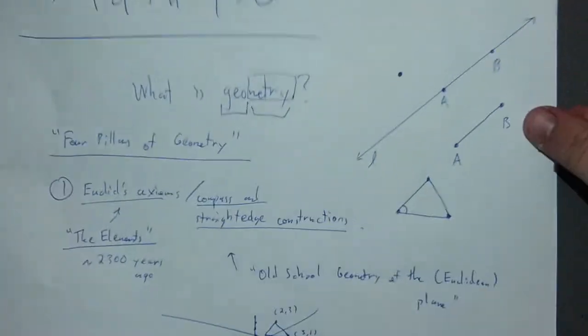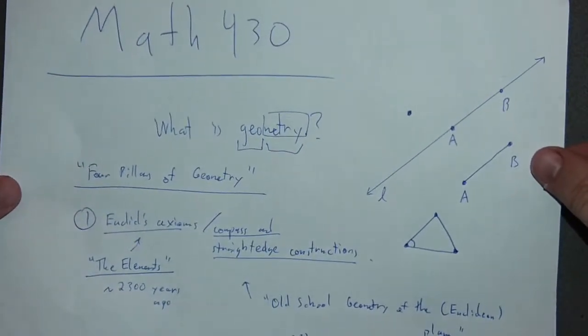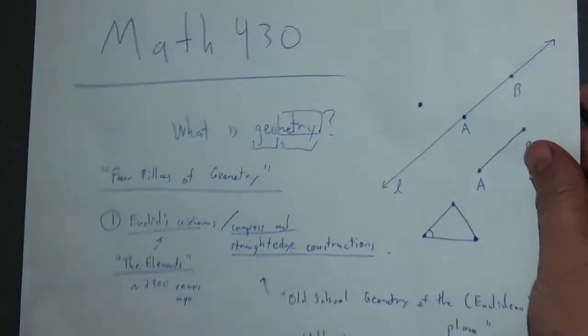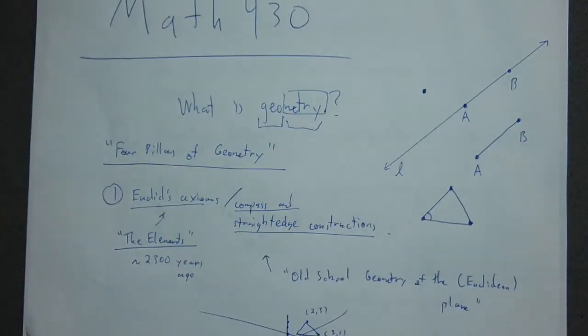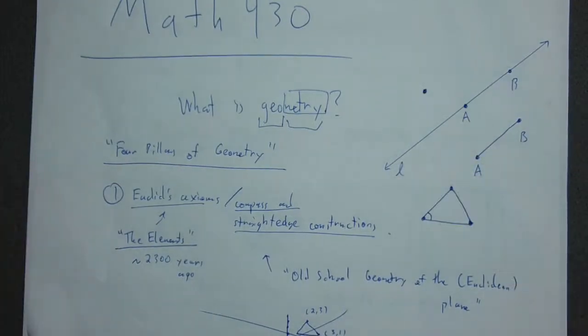Those lengths are still the same, and those angles are still the same. I could do a combination of those things. So I could rotate and then translate and then reflect, and again, none of those quantities that I'm interested in have changed. So for that reason, we're interested in isometries inherently because they fix these quantities that we're already interested in and want to study. Okay, so that on its own should tell us that we should be interested in isometries.